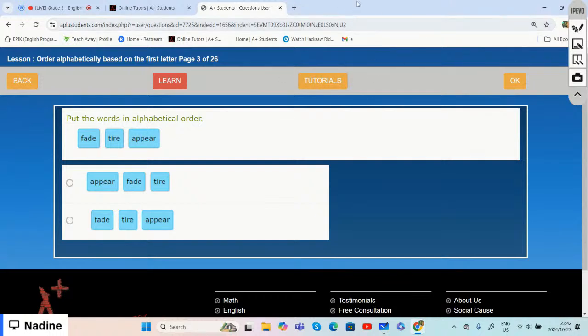So we need to put these words in alphabetical order. We have fade, tire, appear.